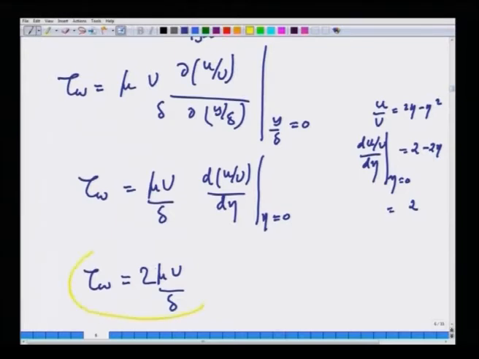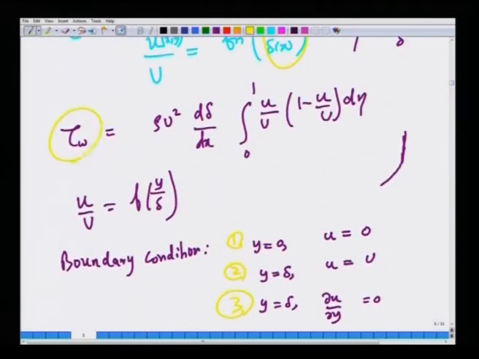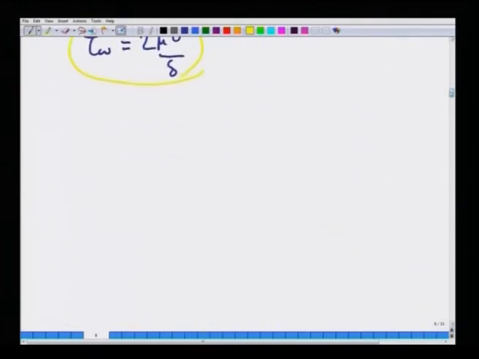Now, we have to substitute this back in the integral momentum equation. Instead of tau w, we are going to write 2 mu U divided by delta, and we are going to substitute for u by U the profile 2 eta minus eta squared everywhere here. And then we will get a closed form expression for delta. So, we will just do the algebra.